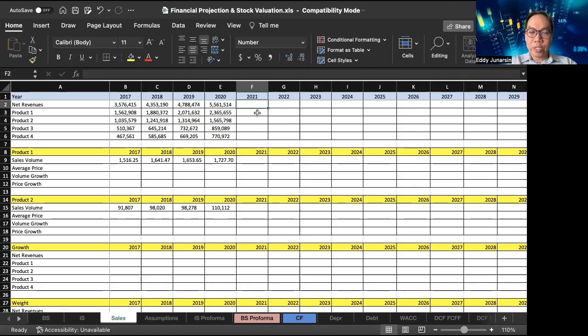For example, the regression method, regression technique, where you could make a projection of future sales as affected by a series of independent variables. So you have several independent variables that affect the future sales, and you could do the regression.